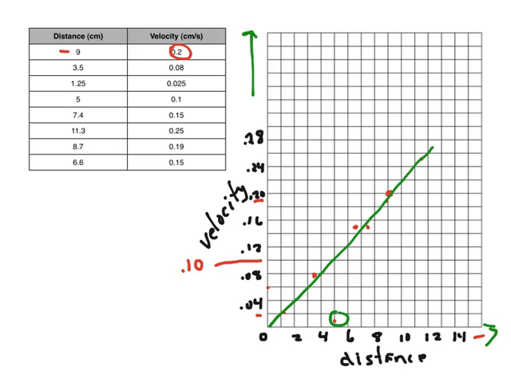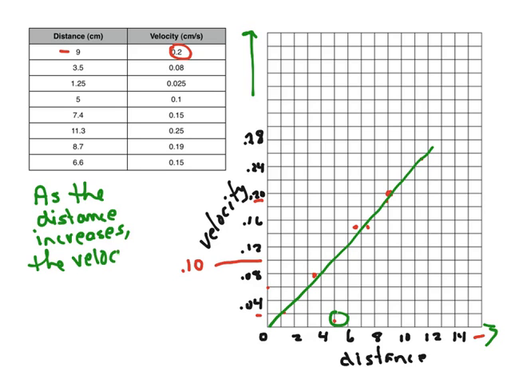Because when you look at a graph like this, you can also just get a general idea of what's happening. In this case, we could say that as the distance increases, the velocity increases. General rule of thumb, when you're talking about a relationship like this, you always start with the x value and then talk about what the y value does.